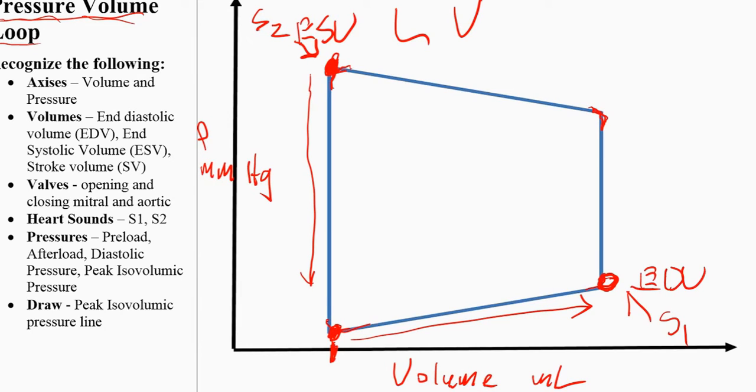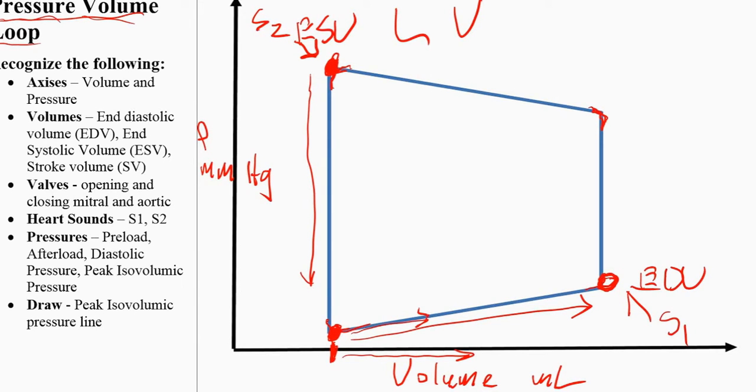So now we're moving along the volume axis like this. What had to happen right here at this point for the volume of the left ventricle to start increasing? What had to happen was that the left atrial pressure had to go above the left ventricular pressure, and the left atrial pressure is very, very low.